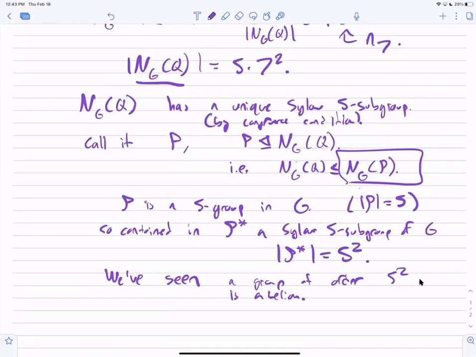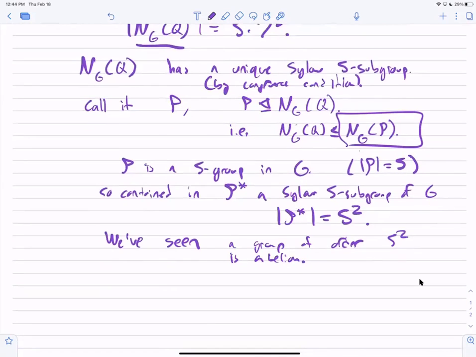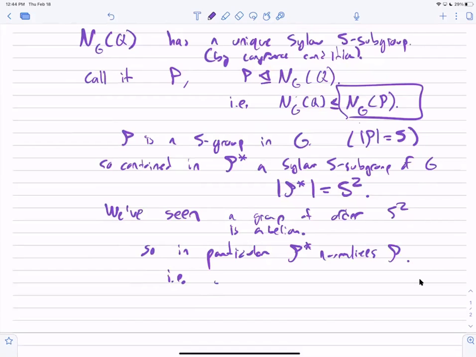In an abelian group, conjugation of anything by anything else is trivial. So in particular, we get that P star normalizes P. This group of order 5 squared normalizes this group of order 5, i.e. P star is contained in the normalizer in G of P.